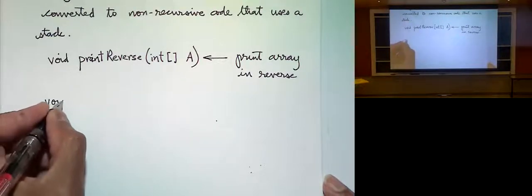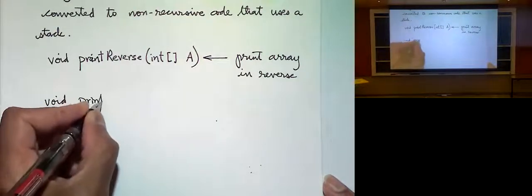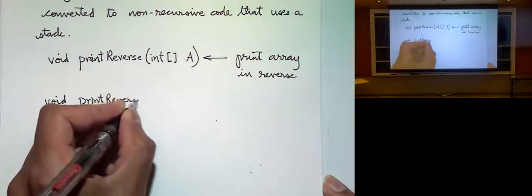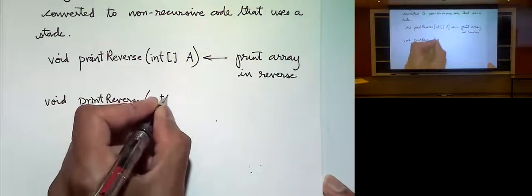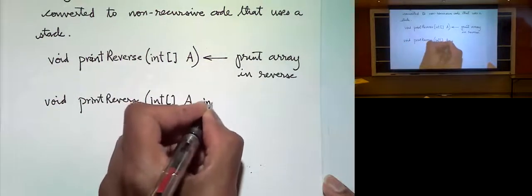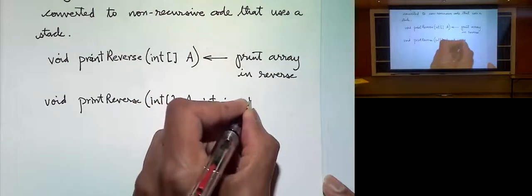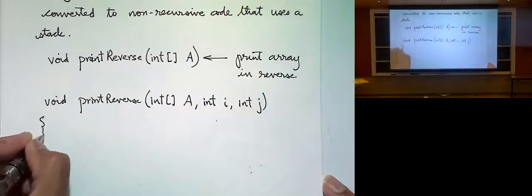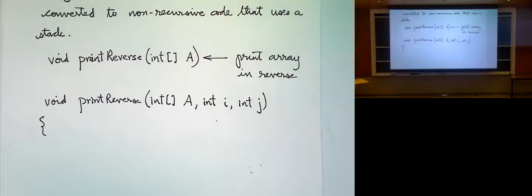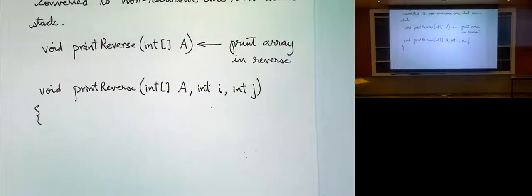So here's my function, print reverse. This is an array. I and j are indices in the array. This is a recursive function, so it has these extra pointers into the array.